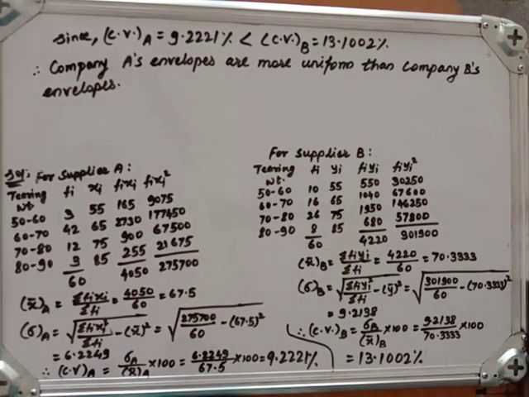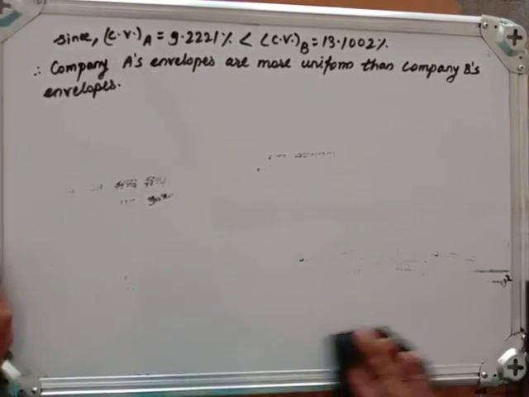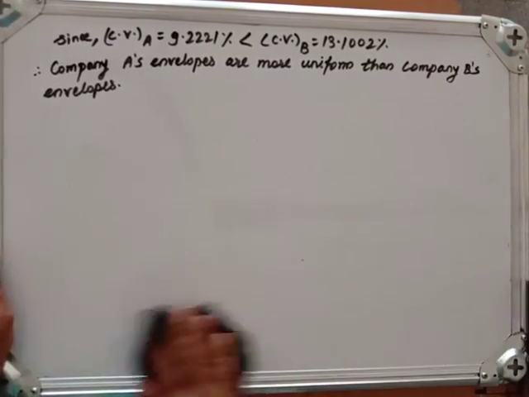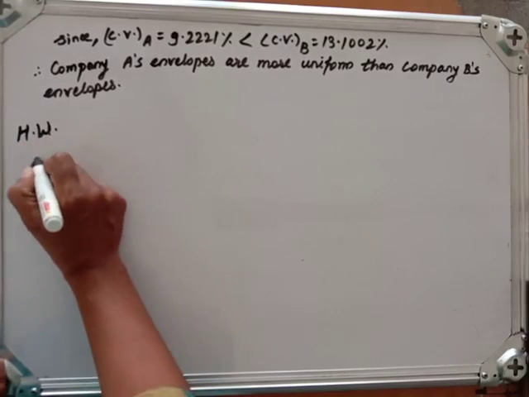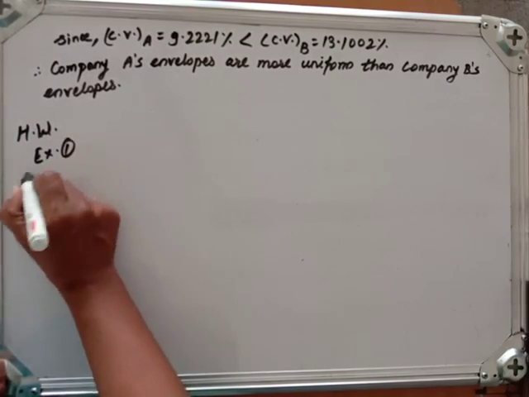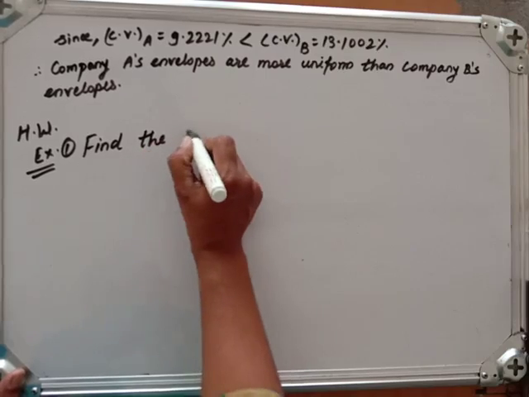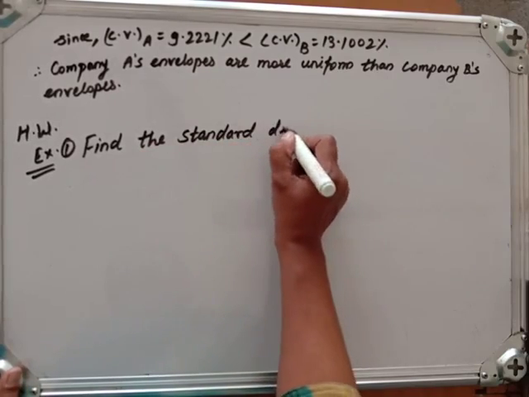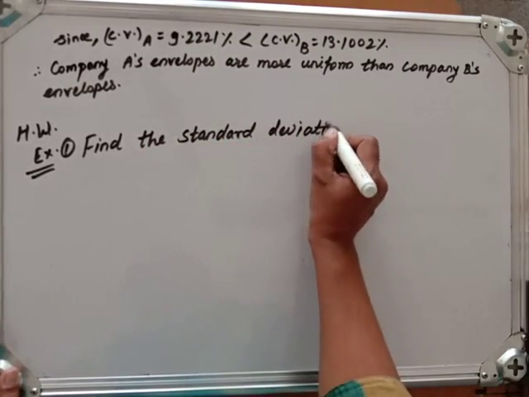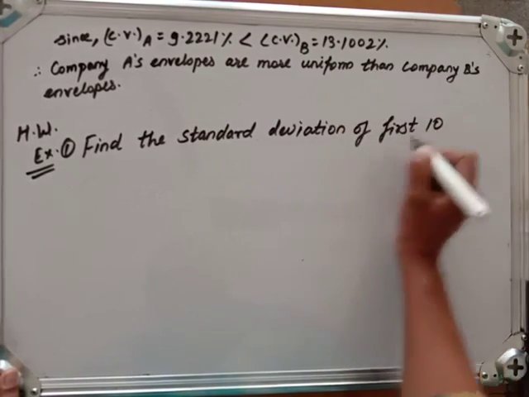Okay, now here we will stop. While completing, let me give one small example as homework; you can do it on your own. Only one I am giving, I won't give more. Find the standard deviation of the first 10 natural numbers.